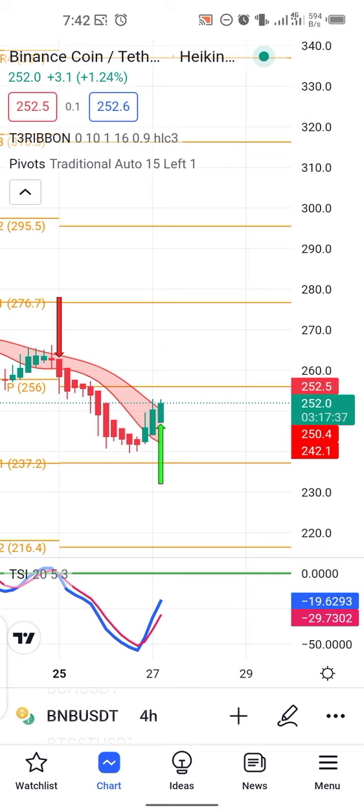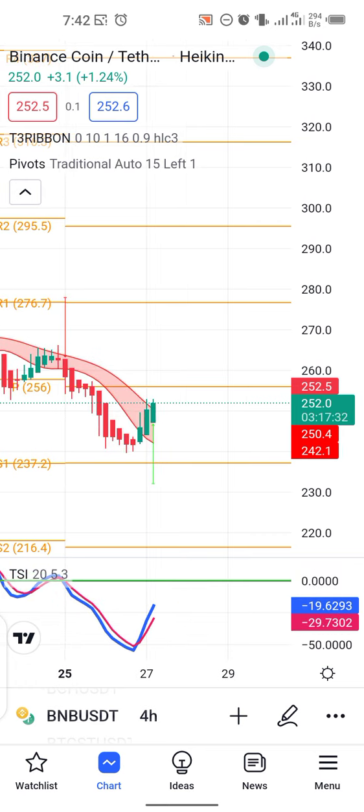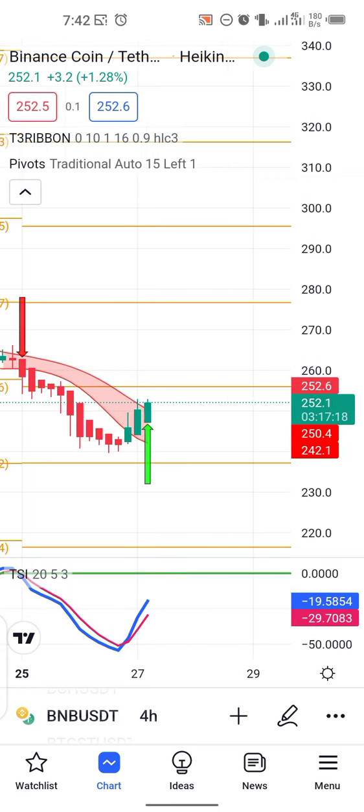And once it crosses the pivot, then the market will be focusing on moving to resistance. So once you find a green candle that is formed above pivot, then you can enter the market, because you know the market has broken pivot, now to be going to resistance. So that's how this works.